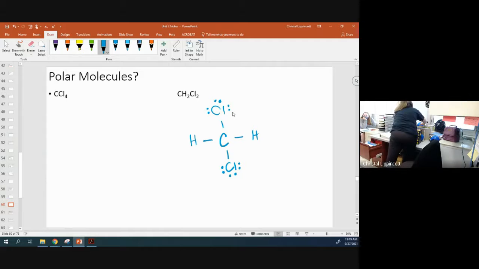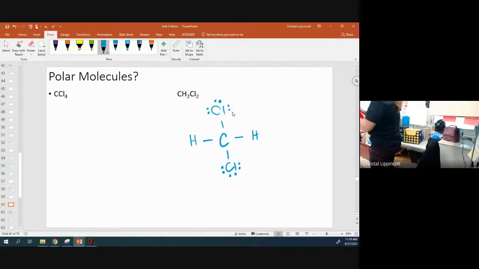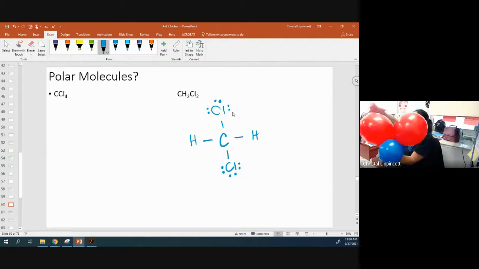So if I'm drawing this, my chlorines have a lot more electrons in them than my hydrogens, yes? Okay? So if you think about this, if I have my hydrogens in here and my chlorines are there, even though this is a tetrahedral element, okay, I'm still going to have more electrons here because of the chlorines.